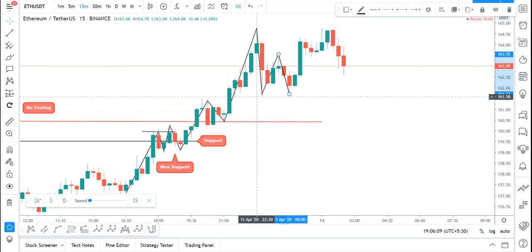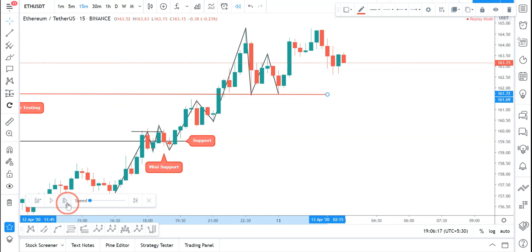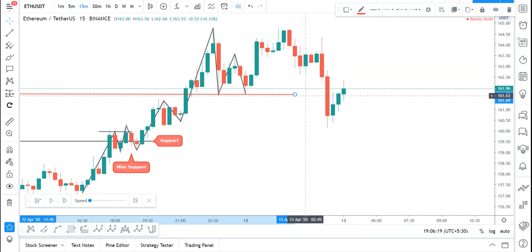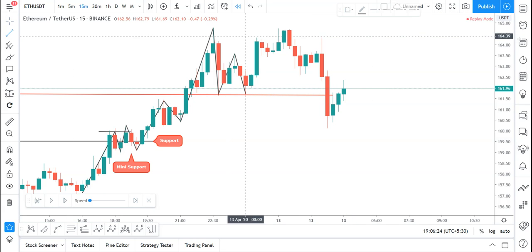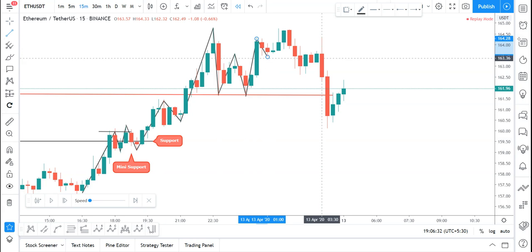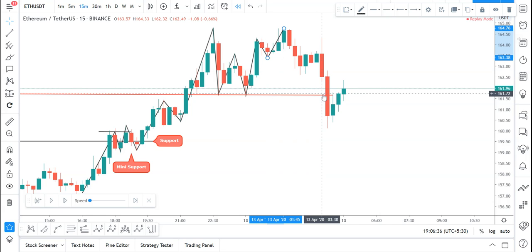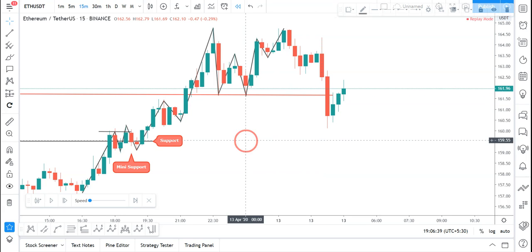This candle's low is not yet broken, so let's move it accordingly. Our trailing stop loss is hit at this point. Also, you can argue that you can move the trailing stop loss here when it is making the swing low. Yes, you can do that, but I am assuming that I have missed that. I have exited this trade at this point.